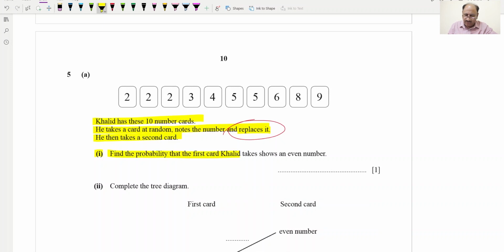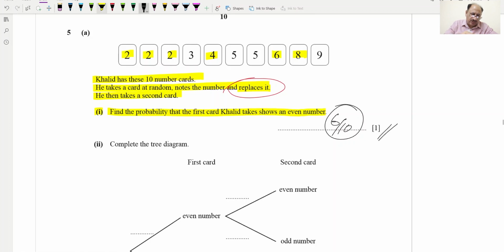Find the probability that the first card Khalid takes shows an even number. So 1, 2, 3, 4, 5, 6 numbers are even. So 6 out of a total of 10. So 6 by 10 will be the probability of getting an even number. This was a 1-mark question.